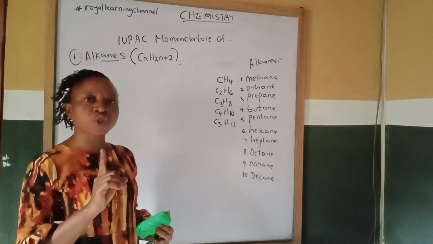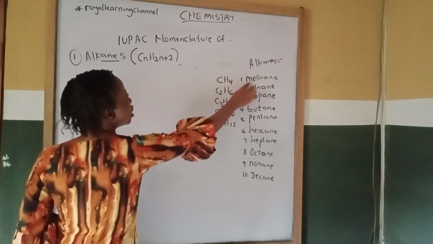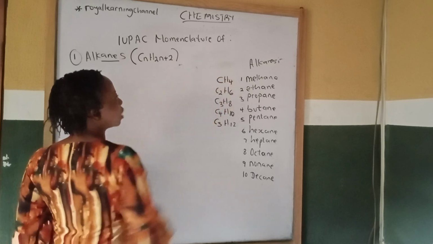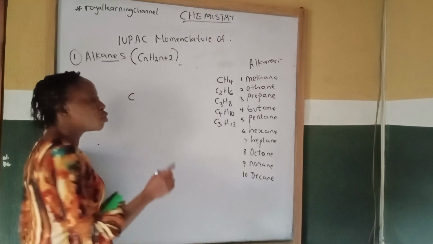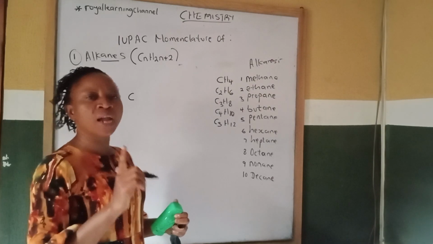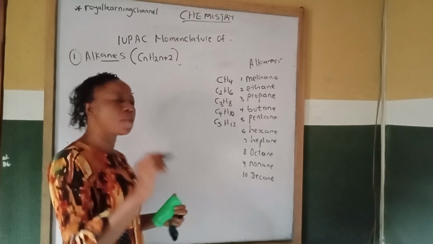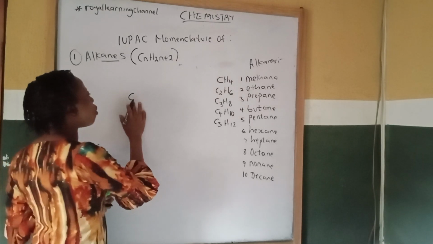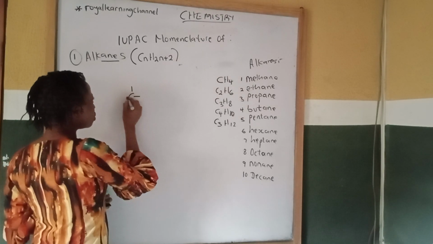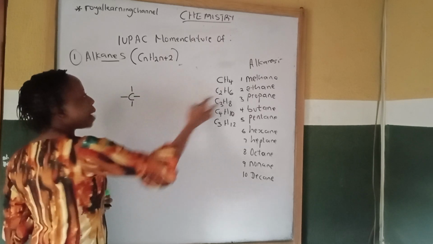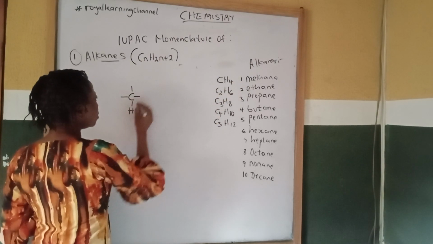And from this molecular formula, how many carbon atoms are we having there? Just only 1. And the rule says that each carbon atom must be surrounded with 4 chemical bonds. So we surround this 1 carbon atom with 4 chemical bonds. 1, 2, 3, 4. Now, how many hydrogen atoms from here? 4. So those hydrogen atoms will come in.